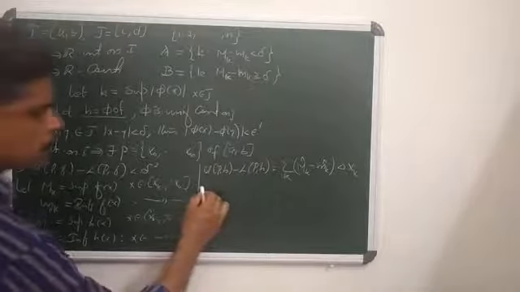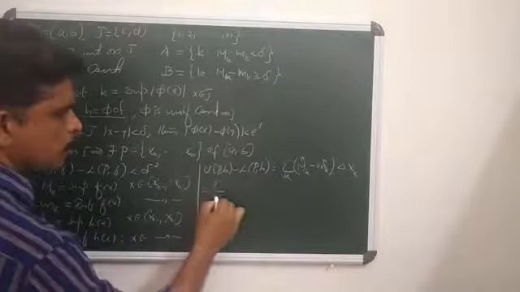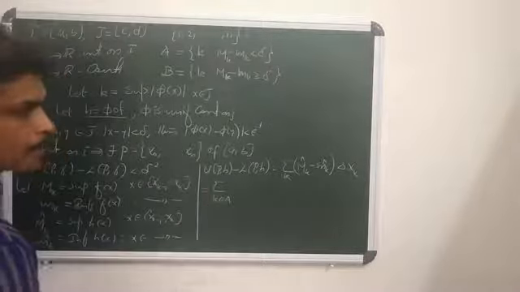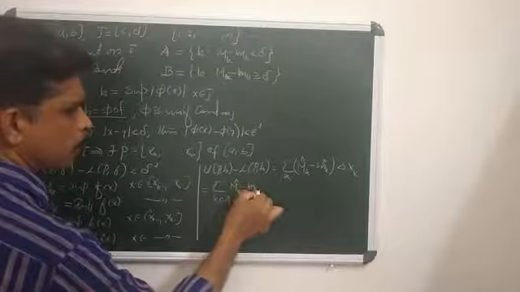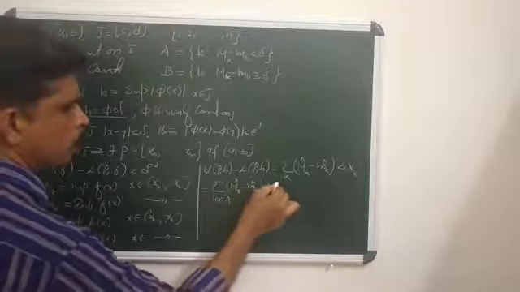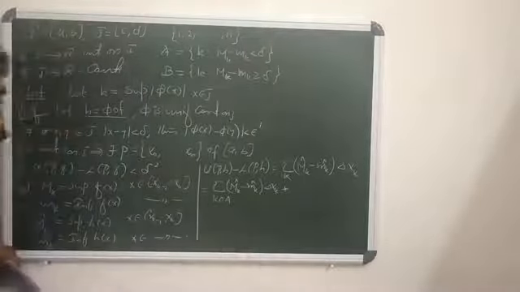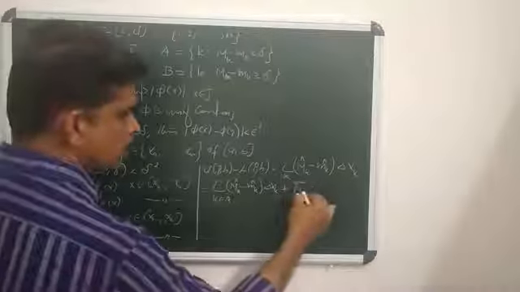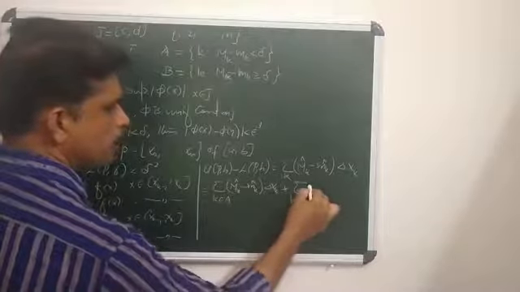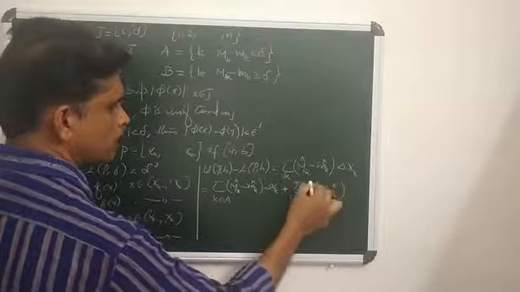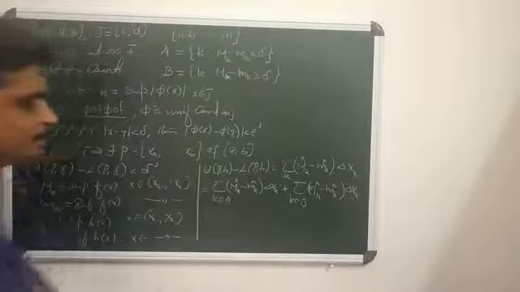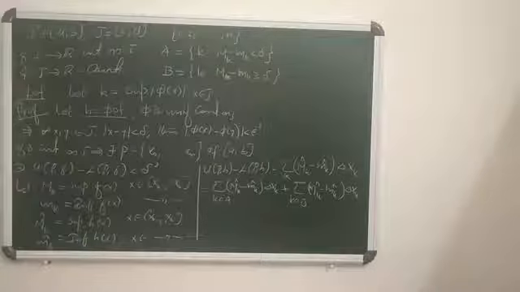That is the same as the sum over k in A of (capital M_k hat minus small m_k hat) times delta x_k, plus the sum over k in B of (capital M_k hat minus small m_k hat) times delta x_k. Clear?